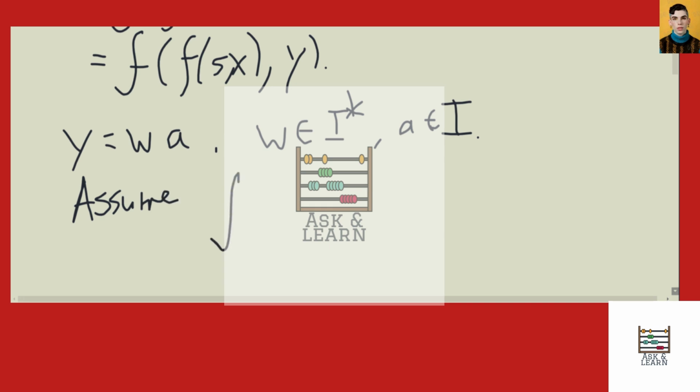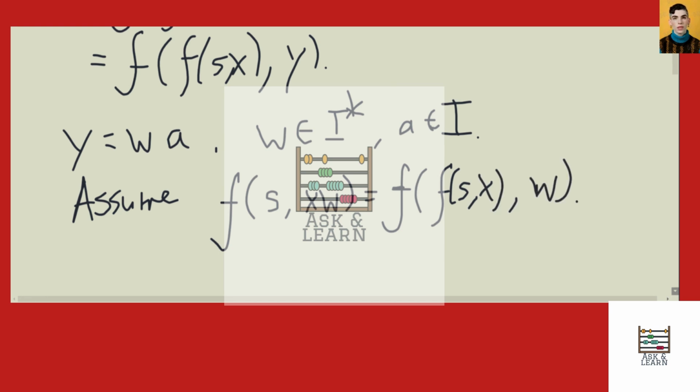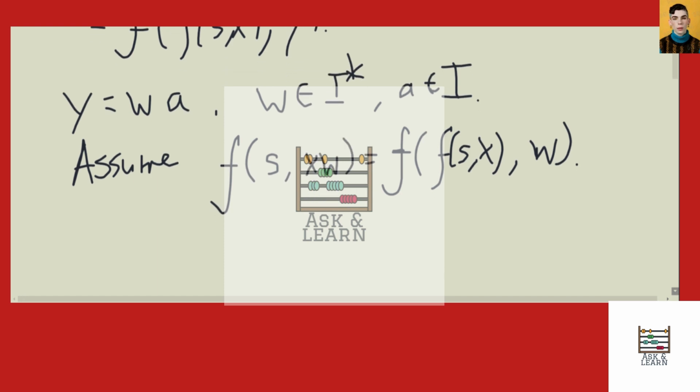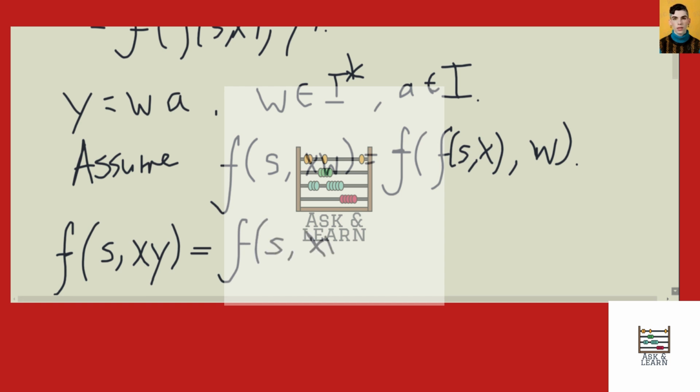So we're going to assume that f̂(s, xw) is equal to f̂(f̂(s, x), w). We want to prove the statement is true for y. So we have that f̂(s, xy) is equal to f̂(s, xwa).